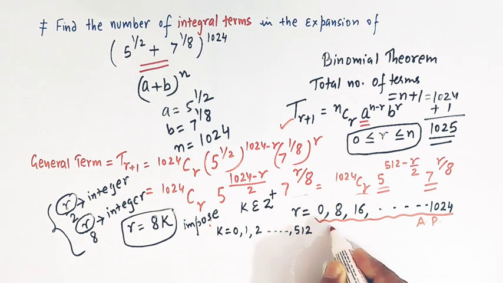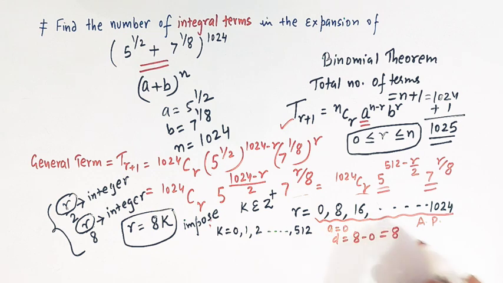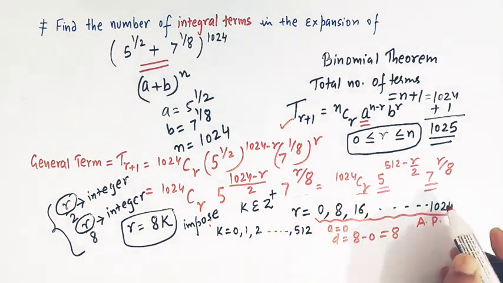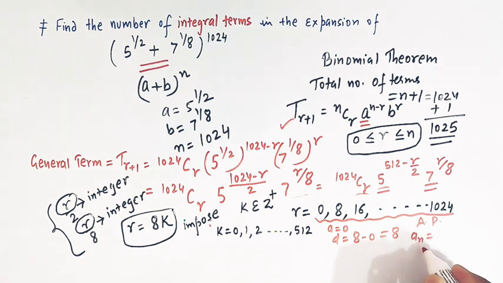The first term is 0, and the common difference is the second term minus the first term, so 8 minus 0, that is 8. And the nth term a n is 1024.